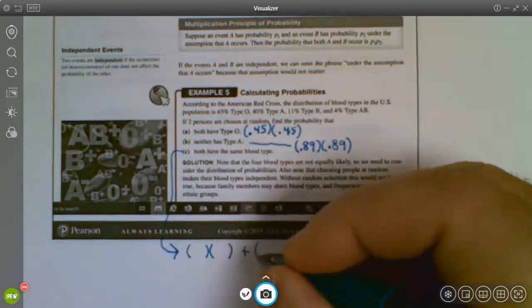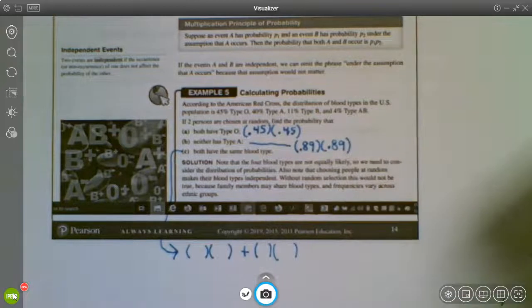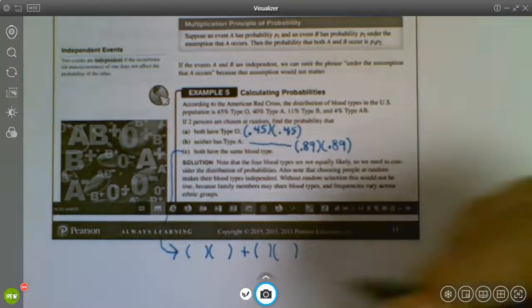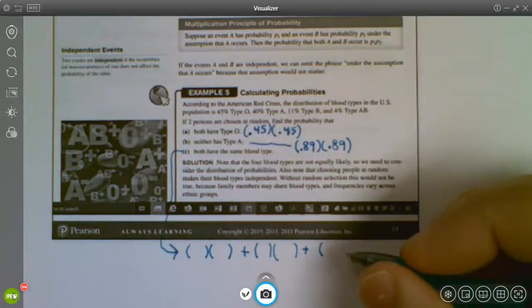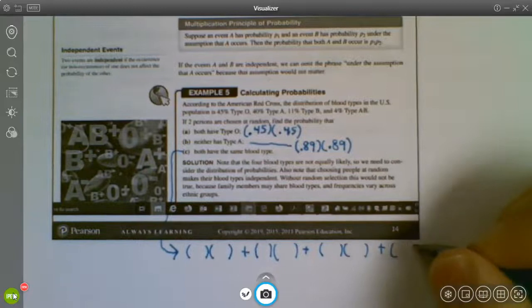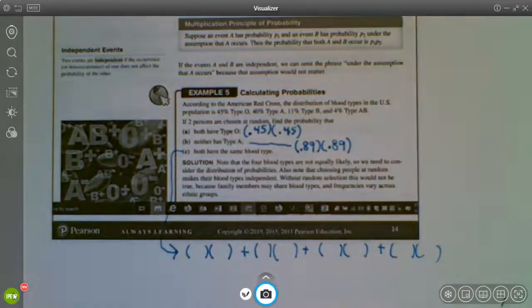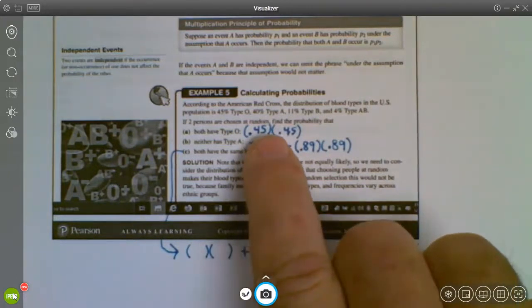They could both be type O. We'd have to look at that as an option, or they could both be B, or they could both be AB, right? So there were 4 different types of blood, and so we would have to list them out separately and multiply them together. So you'd have 4 different layouts that looked like this.